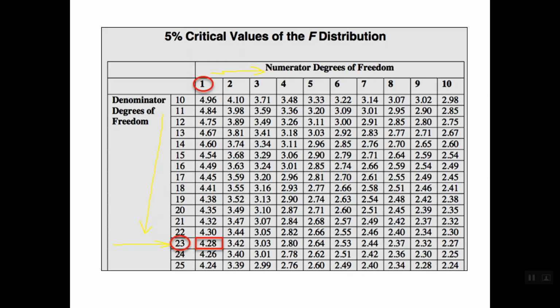So the intersection between the 1 and 23 is 4.28.